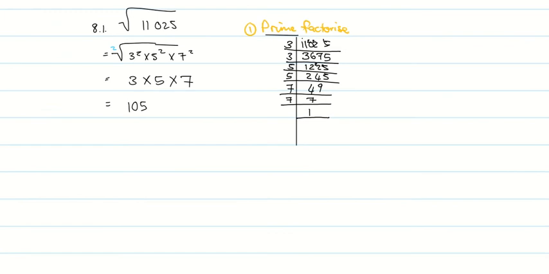Alright, so my steps here: number 1 was my step to prime factorize, to write as prime factors, and then I take it out of the surd, so that means simplify the surd.